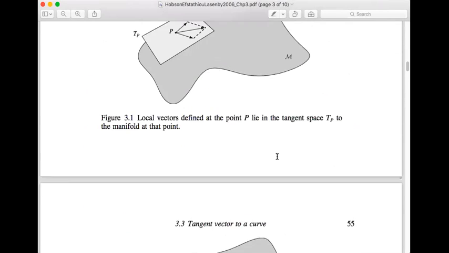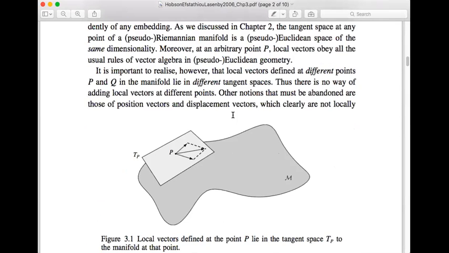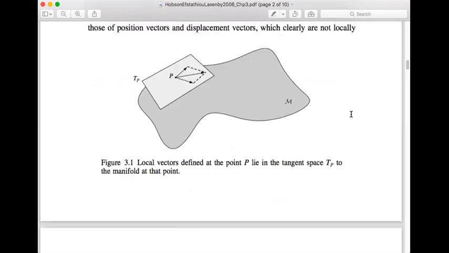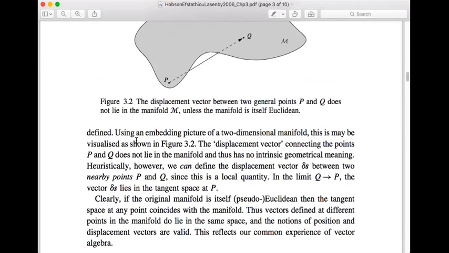He's also making the point that another thing you lose, here we are back at the same paragraph, but picking up here: other notions that must be abandoned are those of position vectors and displacement vectors, which are clearly not locally defined.